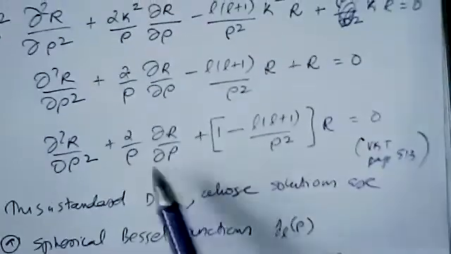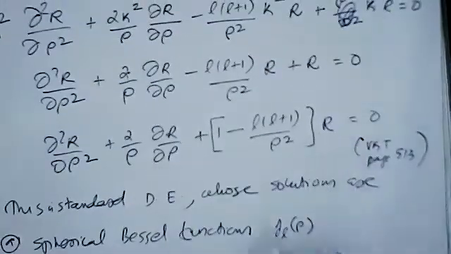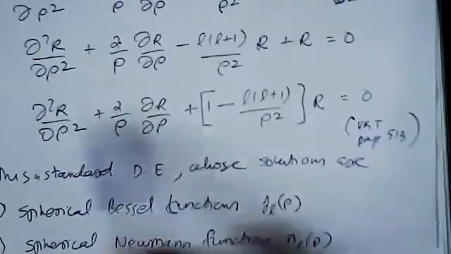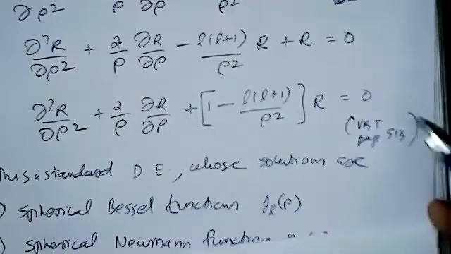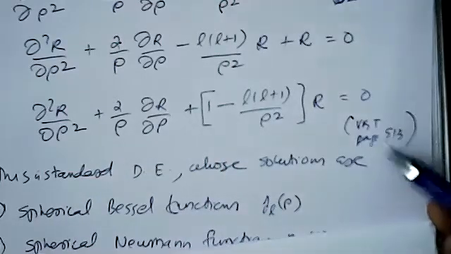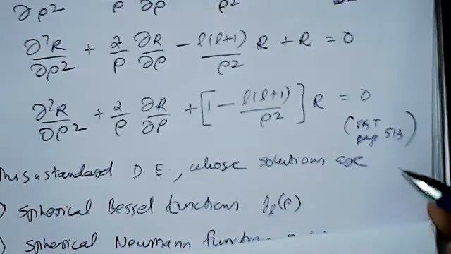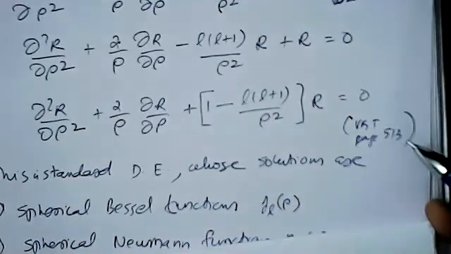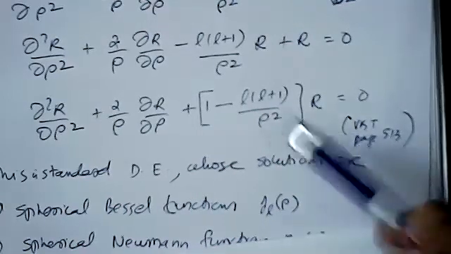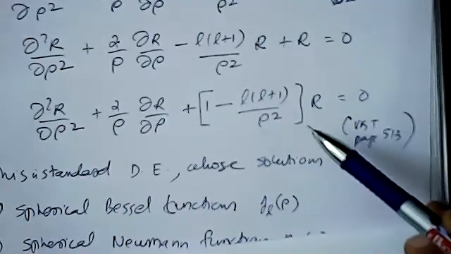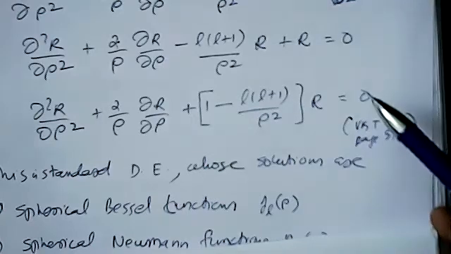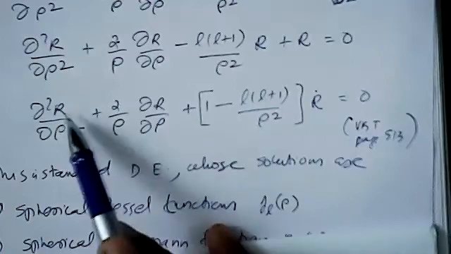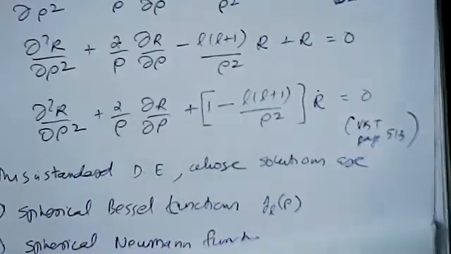One is the spherical Bessel function and the spherical Neumann function. If you want to refer more, you can refer to V.K. Thangappan, appendix, page 513. You can see more details of Bessel functions, spherical Bessel functions, etc.